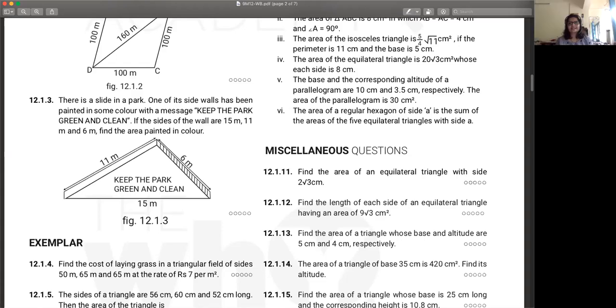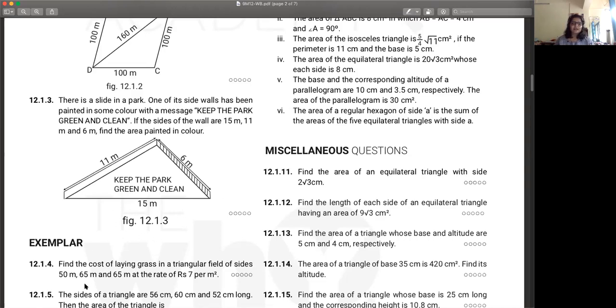Correct. Once you get root 800, it's pretty easy. Mansi, just check your calculation. So the correct answer is 20 root 2. Even if you have gotten root 800, you got the correct answer. There's one more step: you just need to do the prime factorization.